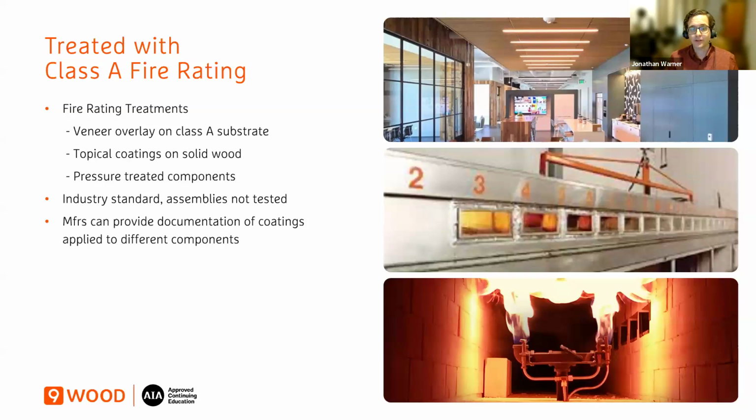For solid wood, a topical coating is oftentimes applied over the wood in a very controlled process to ensure it gets some degree of penetration, and the wood is sufficiently sanded so that the coatings can adhere correctly. And then any other wood components are oftentimes pressure treated. So there are very standard controlled ways in which a Class A fire rating can be applied to any wood ceiling and achieve that code requirement you need, which is very important.